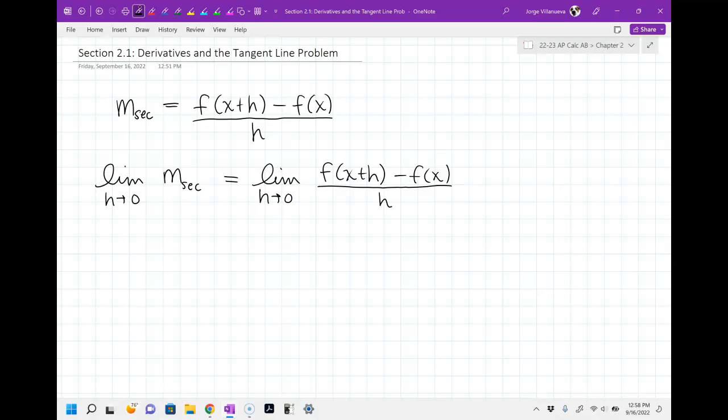So I'll just write it down here. The original definition of the derivative.